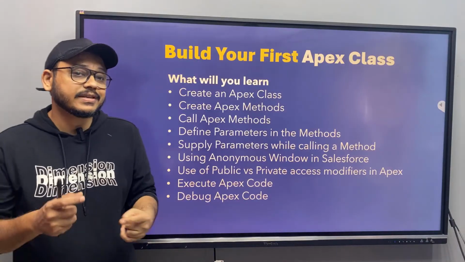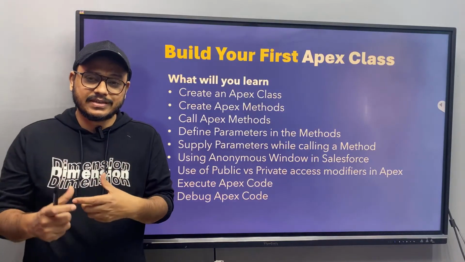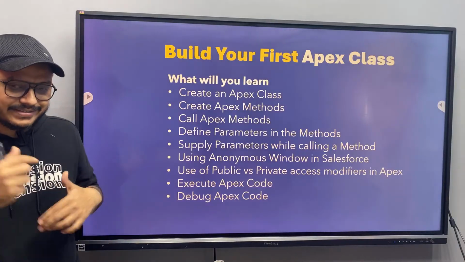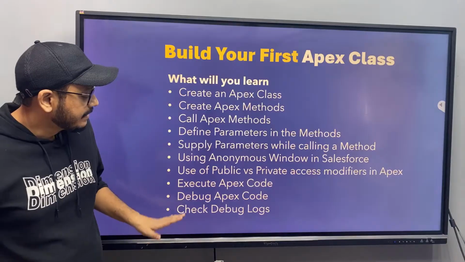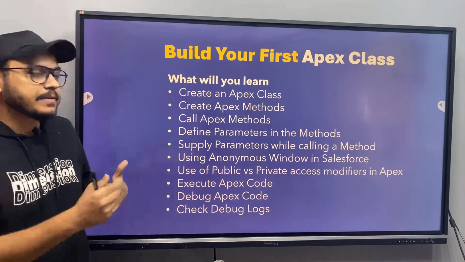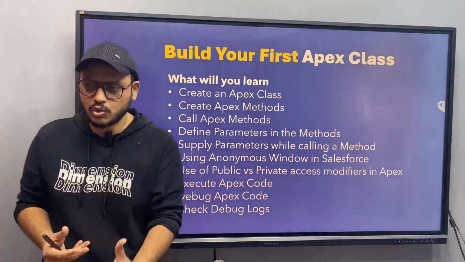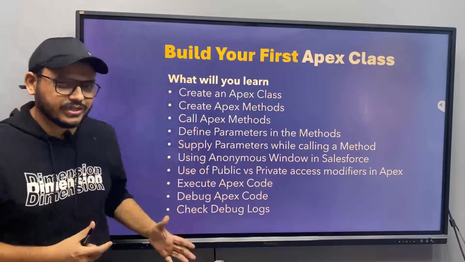And then we will see how to debug an Apex code. Once you have executed your Apex code, how do you debug it? And then after debugging, how would you check the debug logs? In case you want to check something and you want to use the debug logs, how to check that?